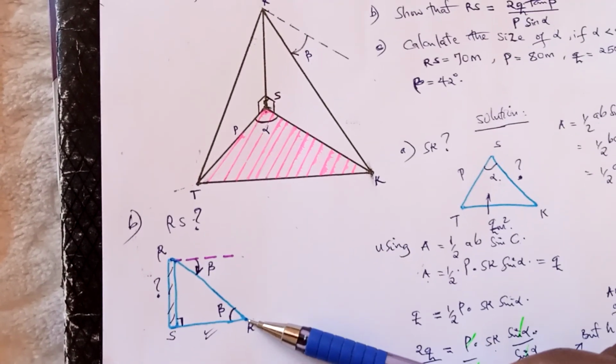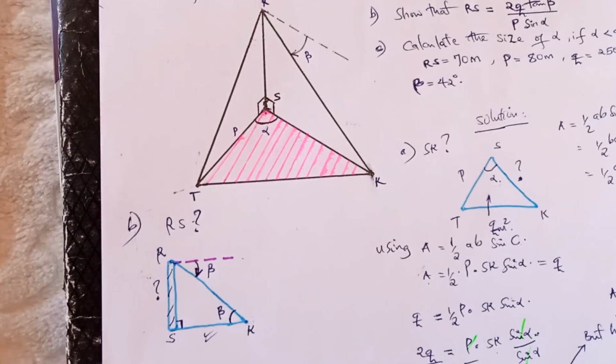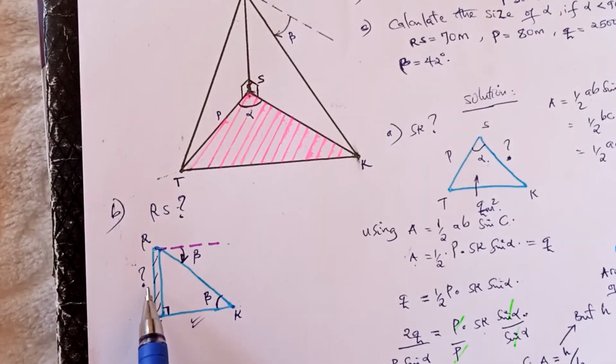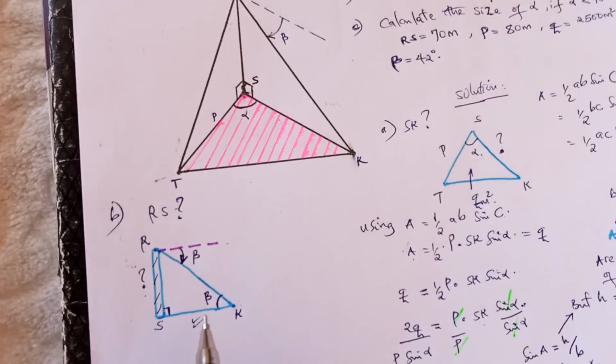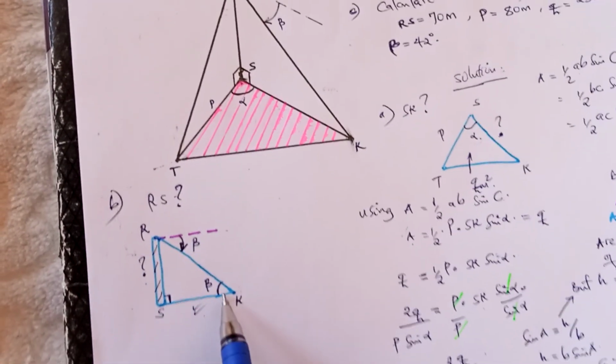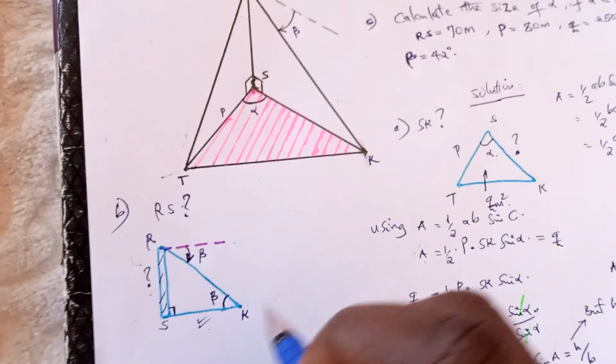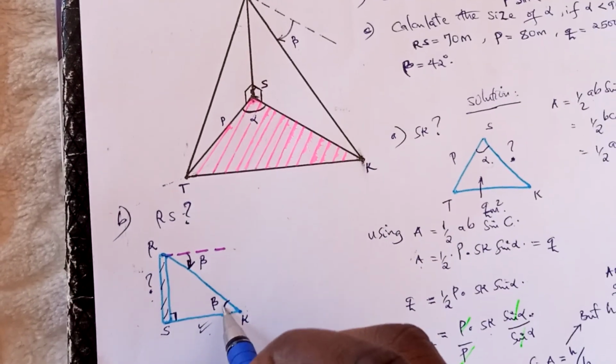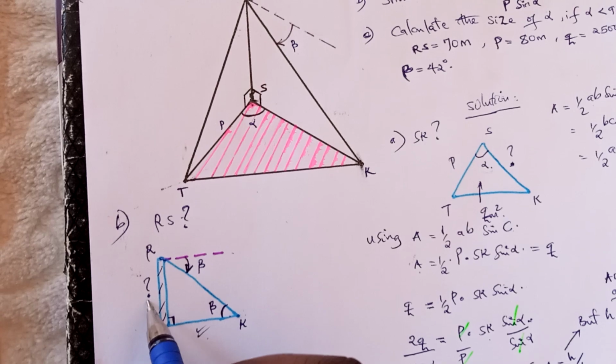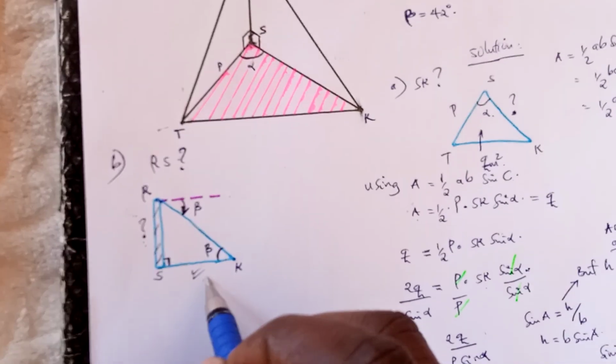Probably we don't even need it. We want this opposite. We have the adjacent. We have the angle. This is clear, right? So we can say that from tan we use opposite and adjacent.